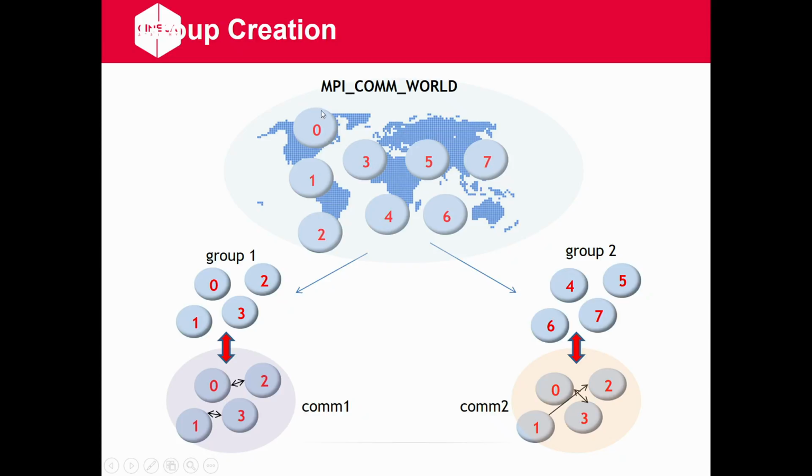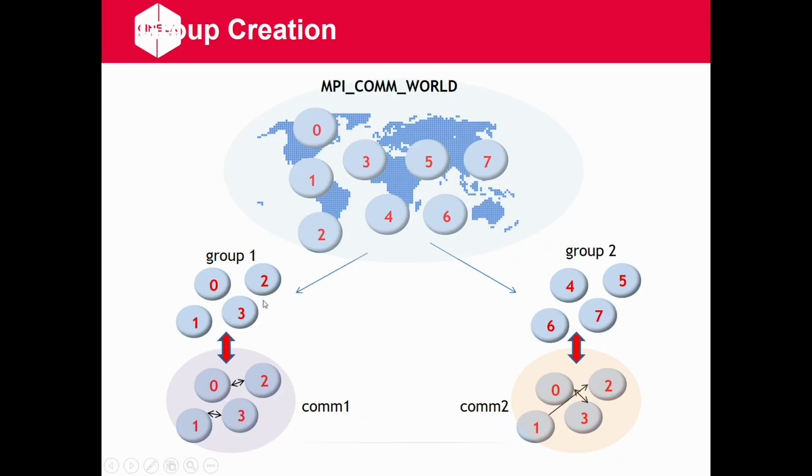These are the processes inside MPI_COMM_WORLD. We want to create 2 new communicators. To create these new communicators, we have to create 2 new groups: the first group, for example, for the first 4 processes, and the second group for the last 4 processes.